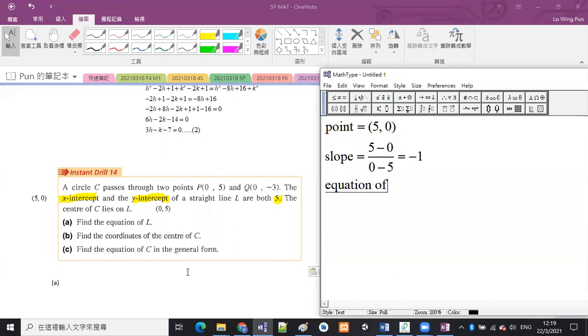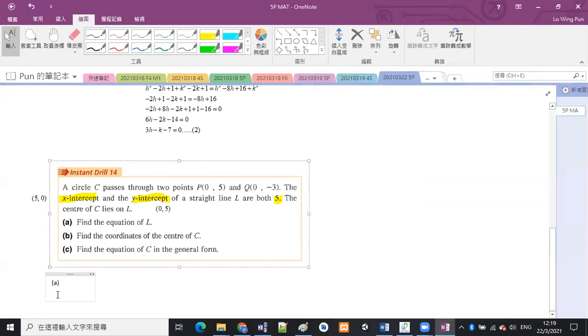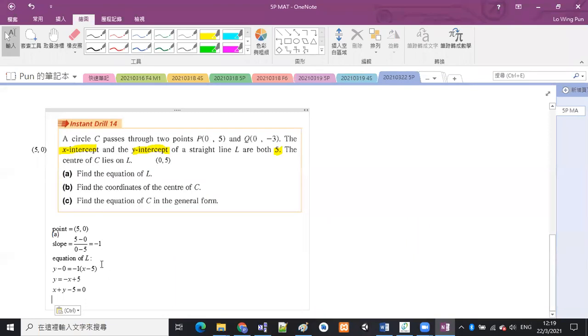The equation of L should be calculated by y minus y1 equals m times x minus x1. Okay, so that's y equals -x plus 5. And then move all the terms to the side where x is positive. So x plus y minus 5 equals 0. That is the equation of L. Is that okay?